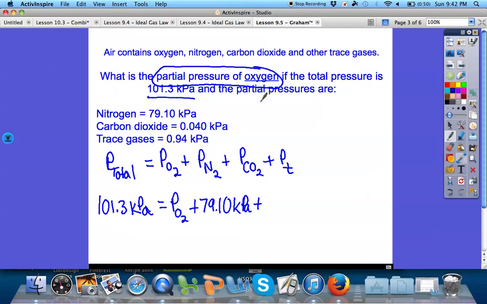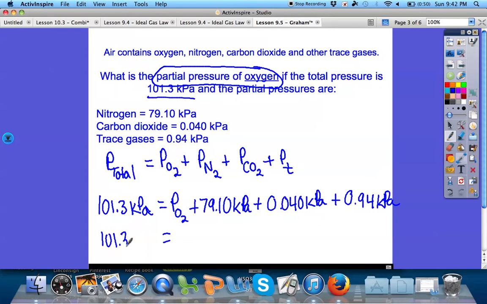The partial pressure of carbon dioxide is 0.040 kilopascals. And those trace gases are 0.94 kilopascals. So we're going to solve for the partial pressure of oxygen.